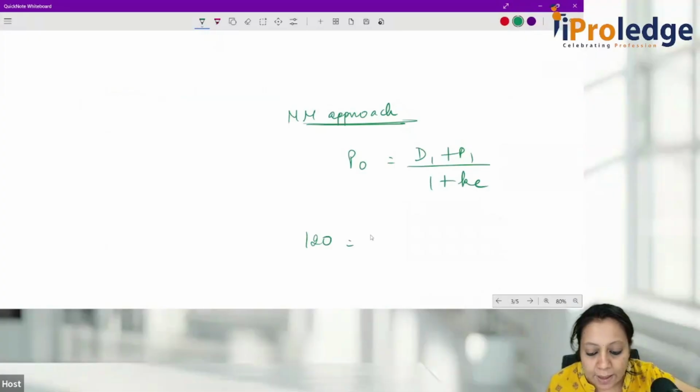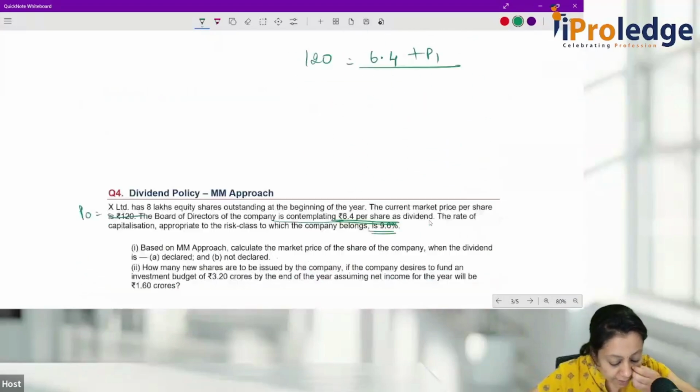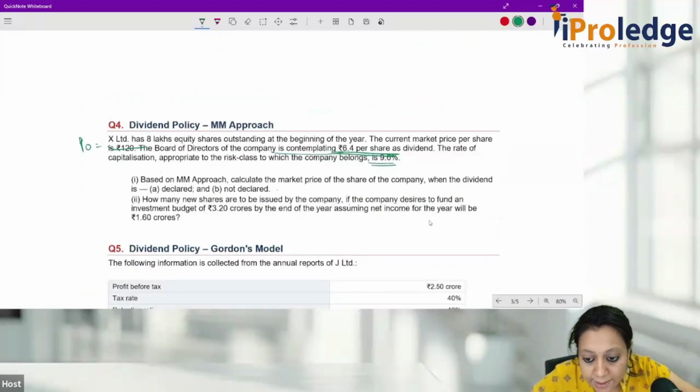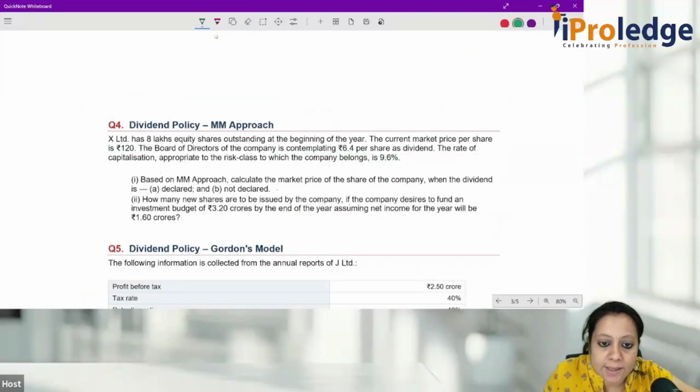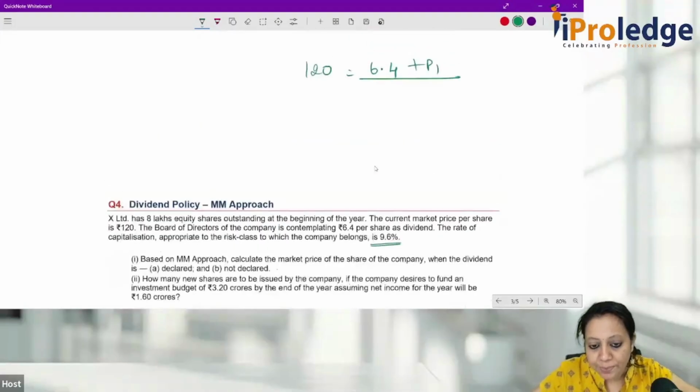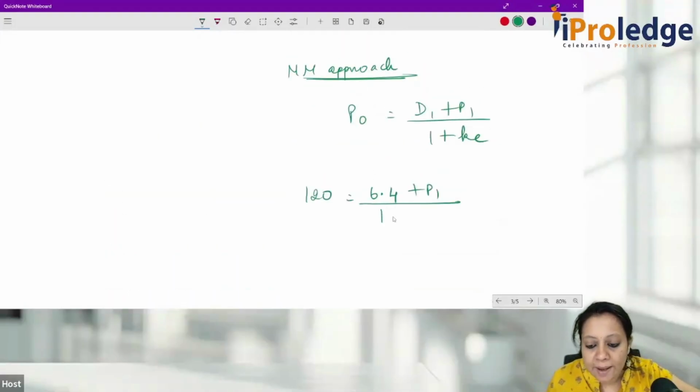I'm substituting it: D1 is 6.4 plus P1 divided by 1 plus KE. We all know that KE is given in the question, that is 9.6 percent. So now divided by 1 plus 0.096.